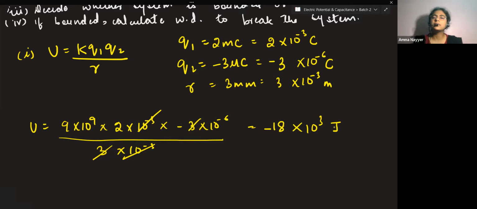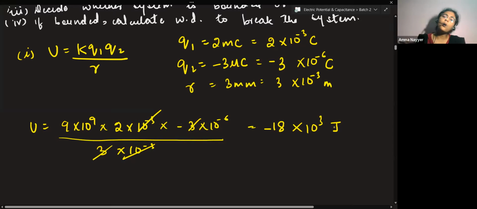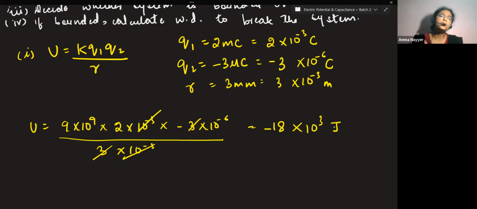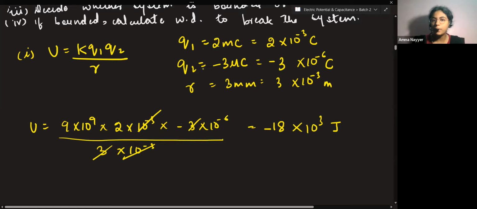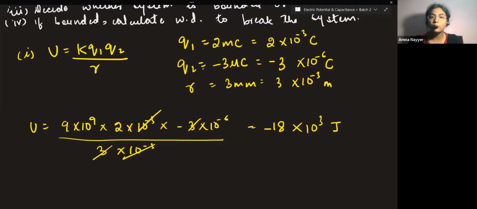So when we were discussing what was potential energy, what did we decide? That all the energy to assemble the system, all the work done, only gets stored in the form of potential energy. It means this potential energy that we are getting, minus 18 into 10 to the power 3, must have been the work done, which has now been converted and stored in the form of potential energy.